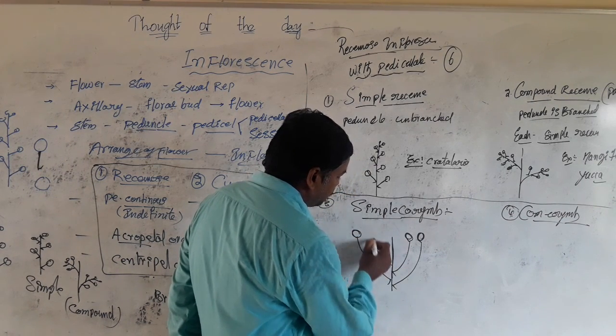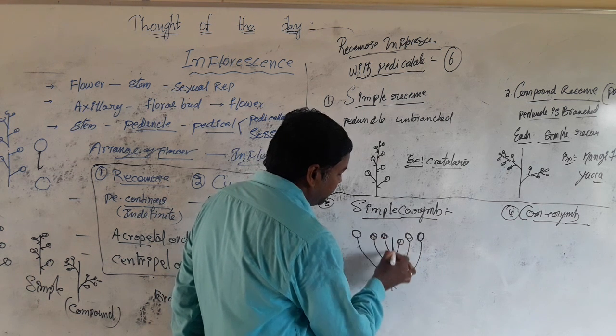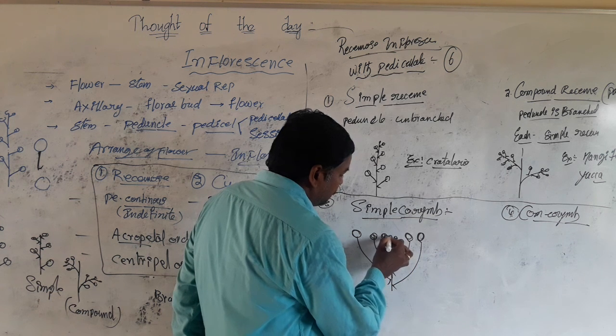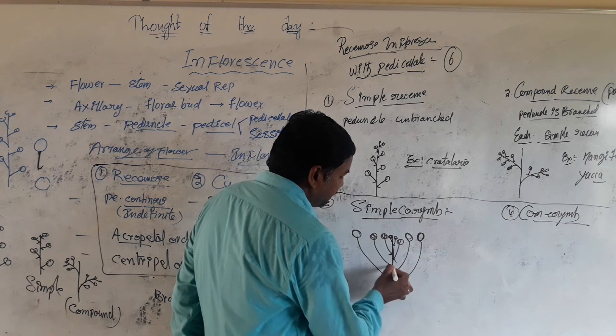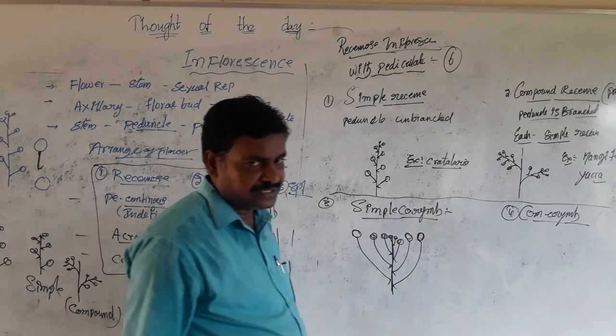The peduncle is unbranched and produces many pedicellate and bracteate flowers in acropetal succession. This is a simple corymb inflorescence.